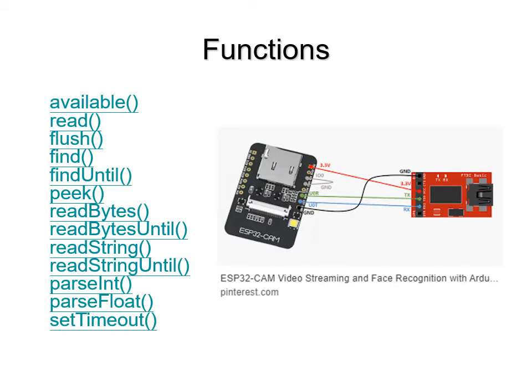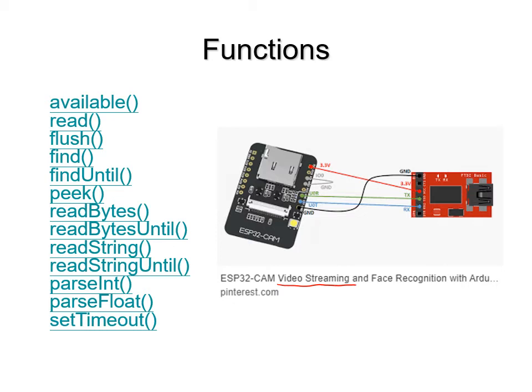And here you can see we have an example where we connect the Arduino to a video streaming device, because this device may transmit the video data to the Arduino, but it may have varying speed. Therefore, we implement the stream object in order to buffer the input data in order to do the face recognition.